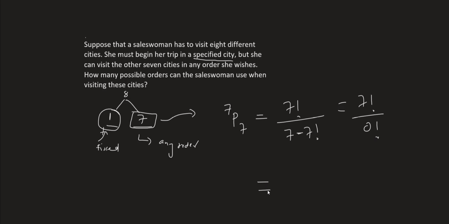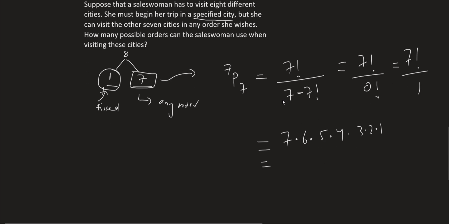And you will get 7 times 6 times 5 times 4 times 3 times 2 times 1, because 0 factorial is equal to 1. So the number of possible orders that a saleswoman can have while visiting these cities is, if you calculate this number, equal to 5040.